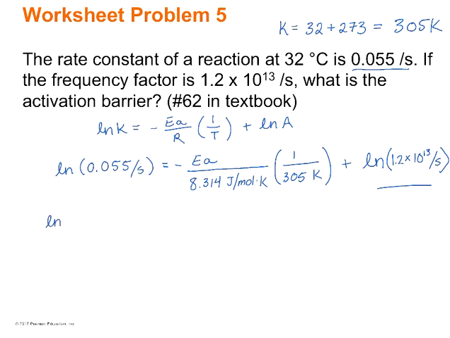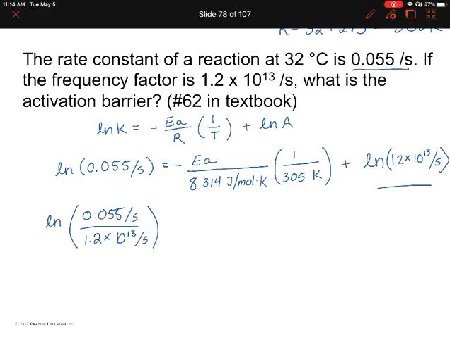So we would end up with the natural log of 0.055 over 1.2 times 10 to the 13th. Now, you could also just subtract the natural log of 0.055 and the natural log of 1.2 times 10 to the 13th. That will give you the same exact answer, but in this form, it's easier to see that our units cancel.